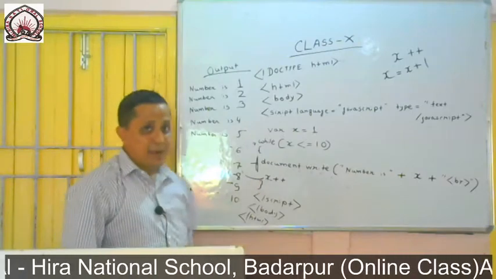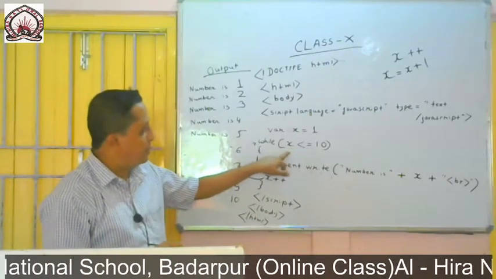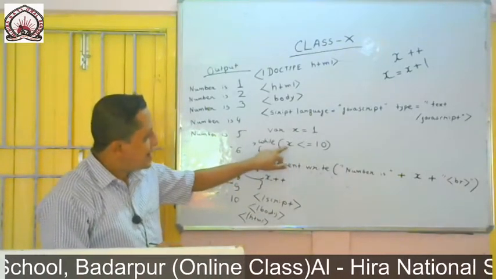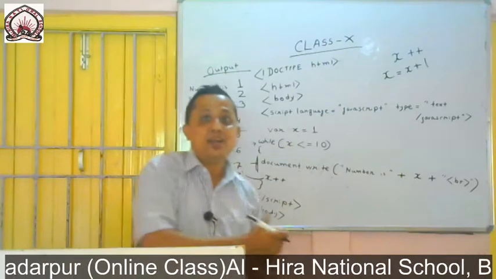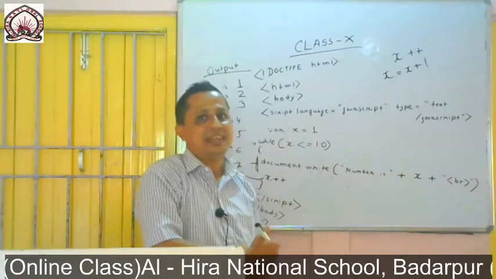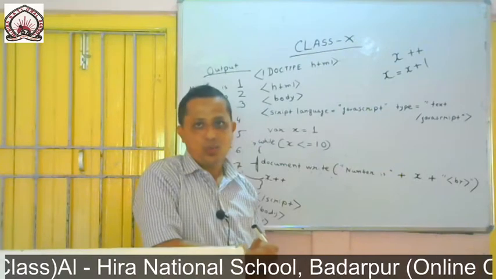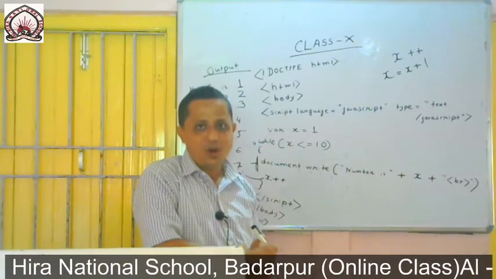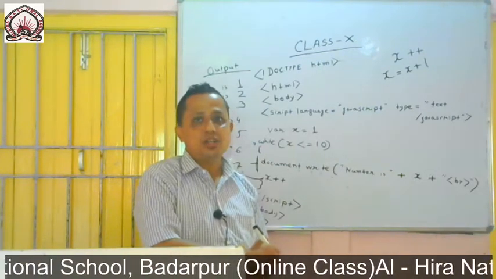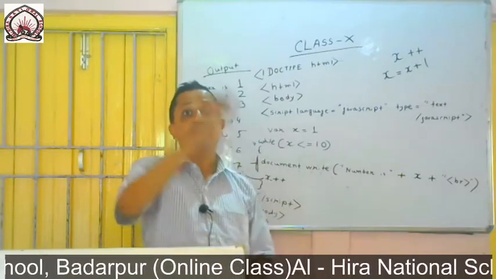Lastly, 10 plus 1 comes to the condition. Come here. Is 11 less than or equal to 10? Is 11 less than 10? No. Is 11 equal to 10? No. So is the condition true or false? The condition is false now.